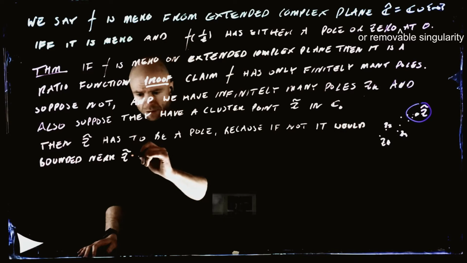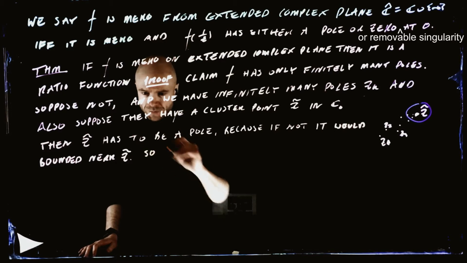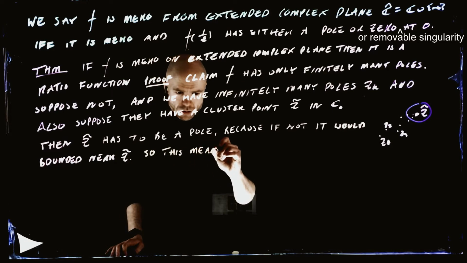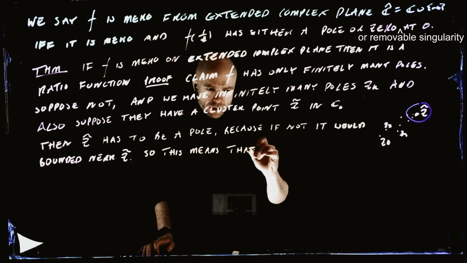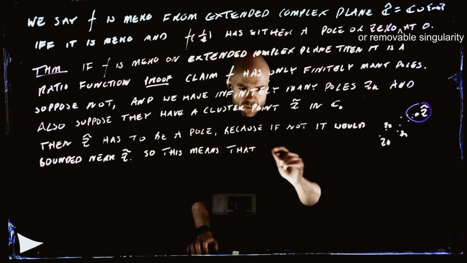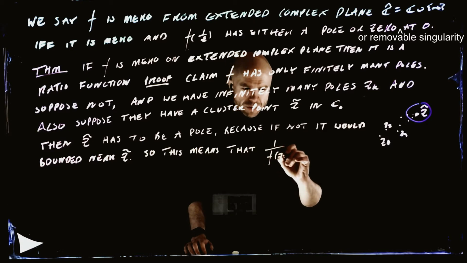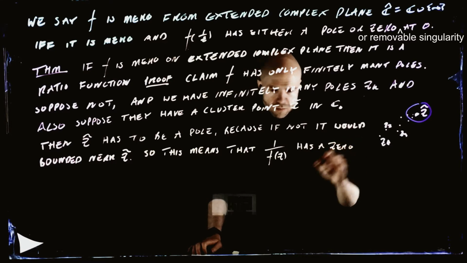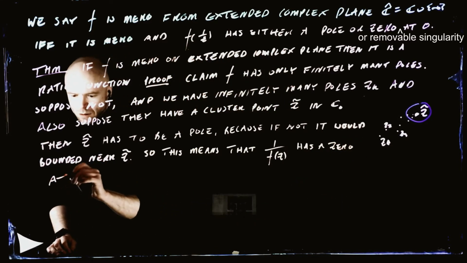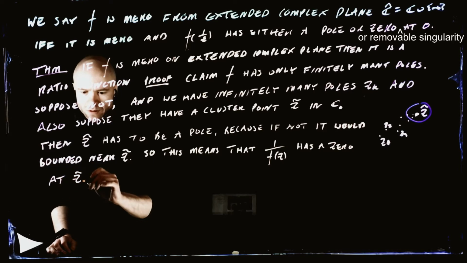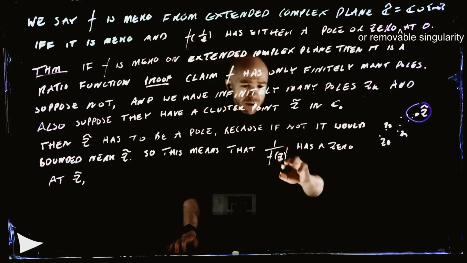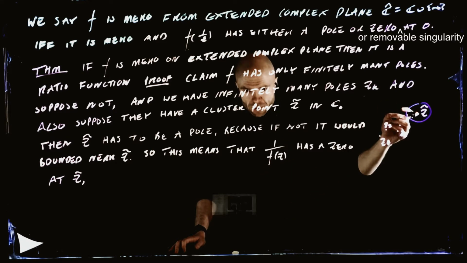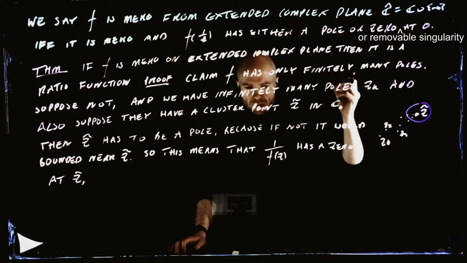So it has to have a pole there, but what does it mean to have a pole? So this means that 1 over f of z has a 0 at z tilde, right? Yeah, but 1 over f of z will also have a 0 at every one of these poles zk, right? Because f blows up at zk, right?